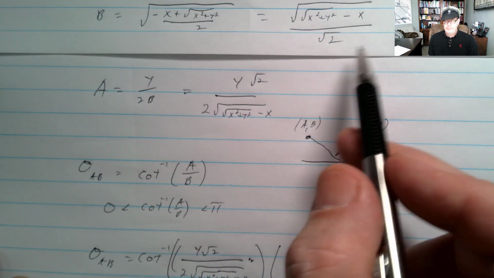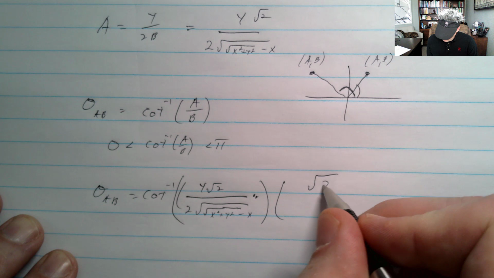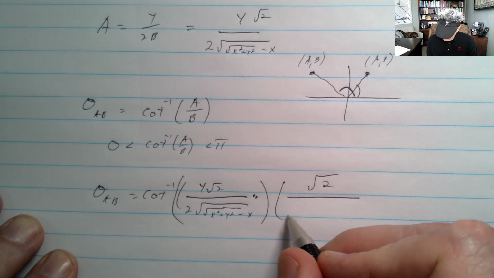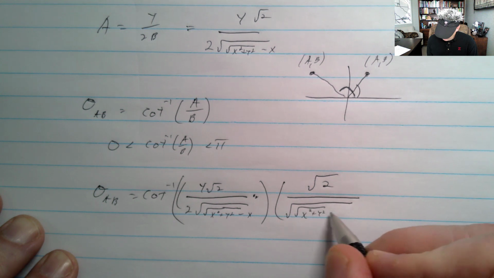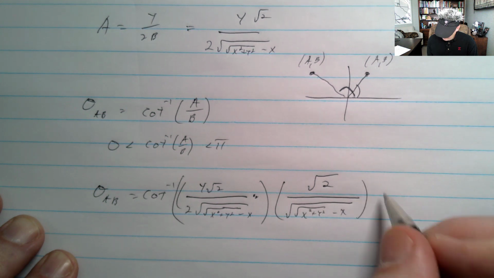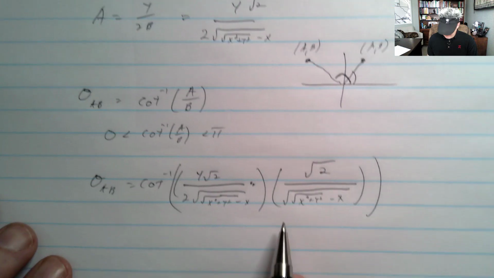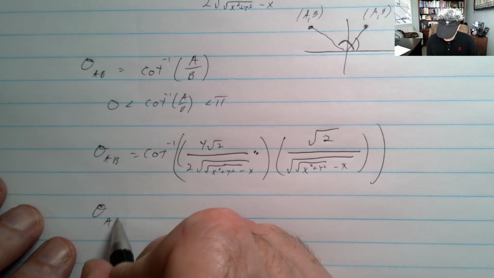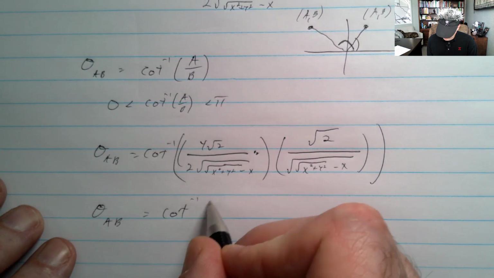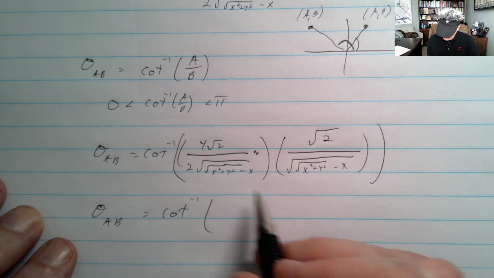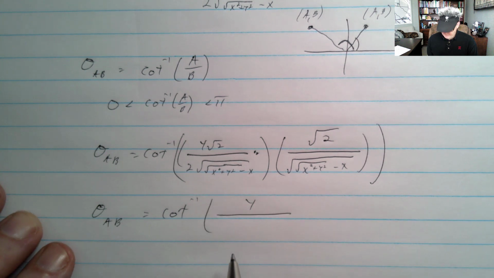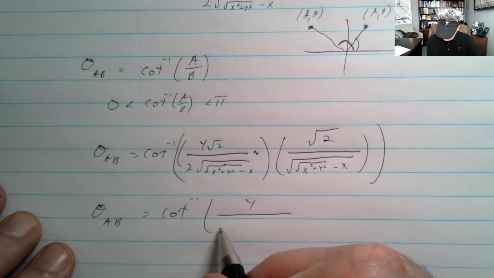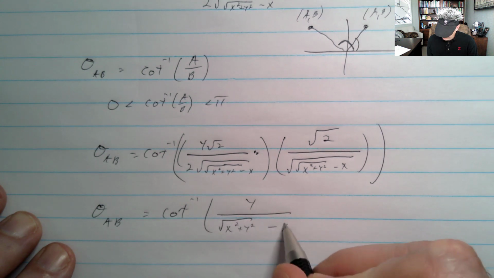So if I multiply by that reciprocal, we'll get root 2 over essentially the same denominator, but without that 2. So theta of a, b will be the arc cotangent. Root 2 cancels with that 2. So y, this times this, squares it out. So I just get the square root of x squared plus y squared minus x.